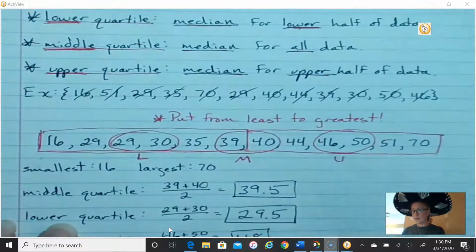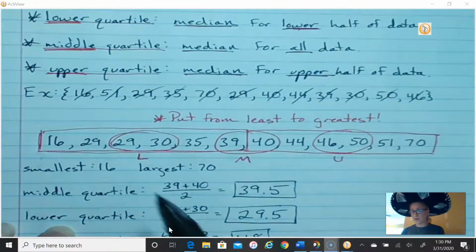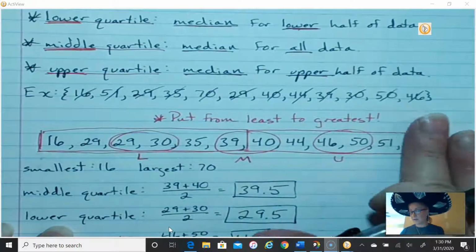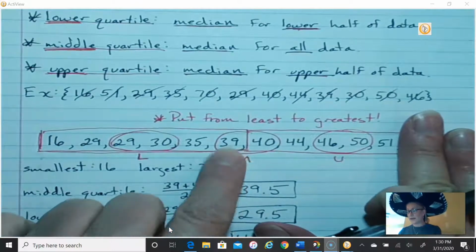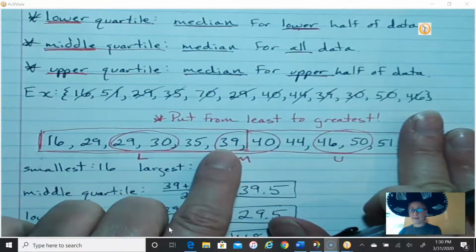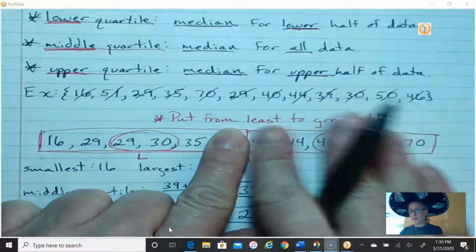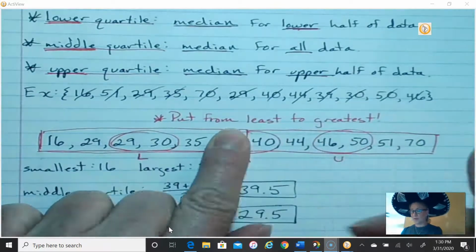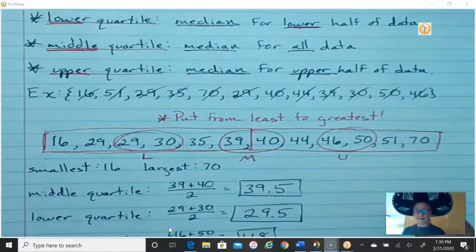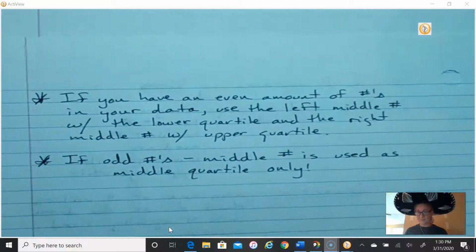Basically, if this was an odd number, let's say there's only 11 numbers here, so like this is gone, then 39 would be all by itself. You would circle that, and this would be the upper, this would be the lower, and 39 would be all by itself. I'll do some examples for that.